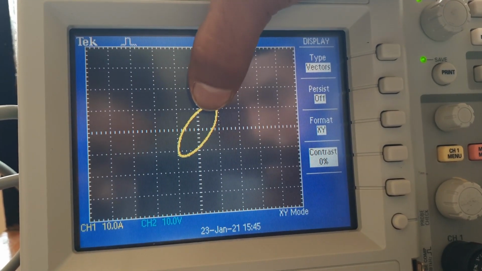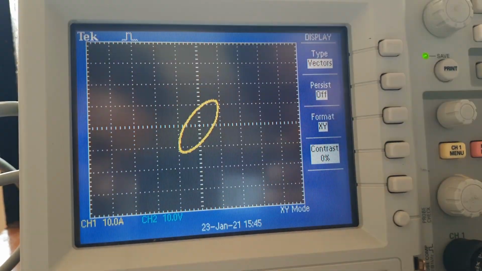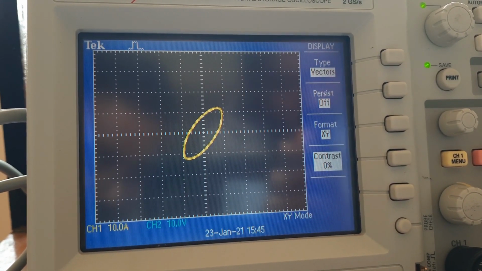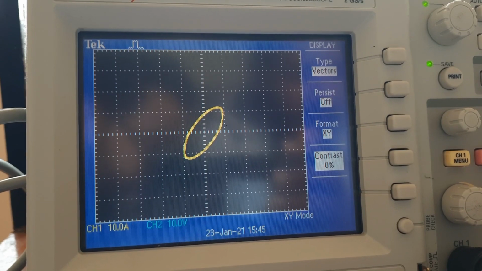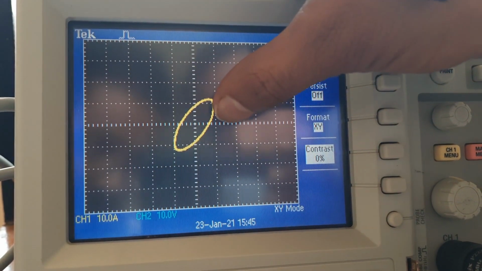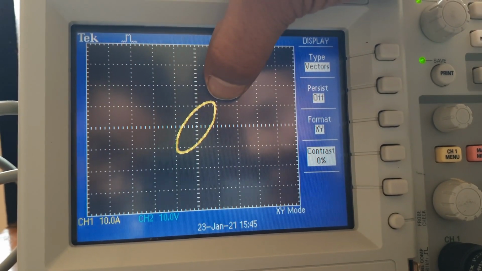So 2, 4, 6 and 8. We have 8 volts here. That means your A, the distance from here to here, is 8, and your B is from here to here, which is 12, okay.